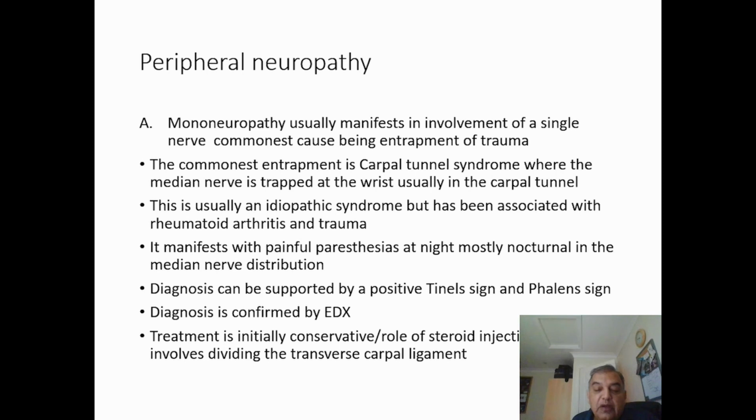Trauma can also be one of the causes of this, and it presents with painful paresthesias, mostly nocturnal, in the distribution of the median nerve. But these paresthesias can also cause the patient to try and flick his fingers to get rid of these sensations, and they usually do not disappear despite all these efforts.